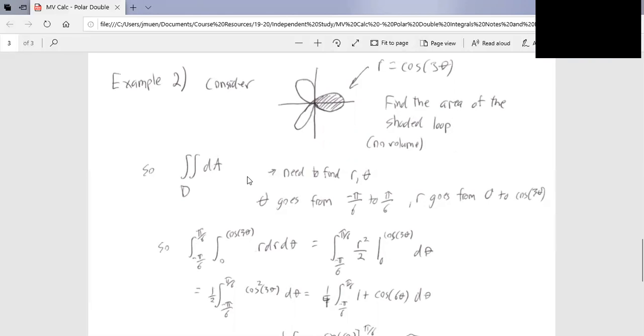Alternatively, it's also reasonable to think about this as the volume that's below the plane z equals 1.